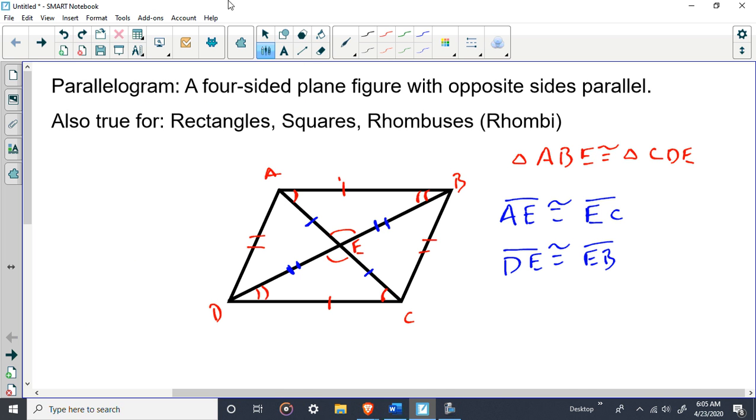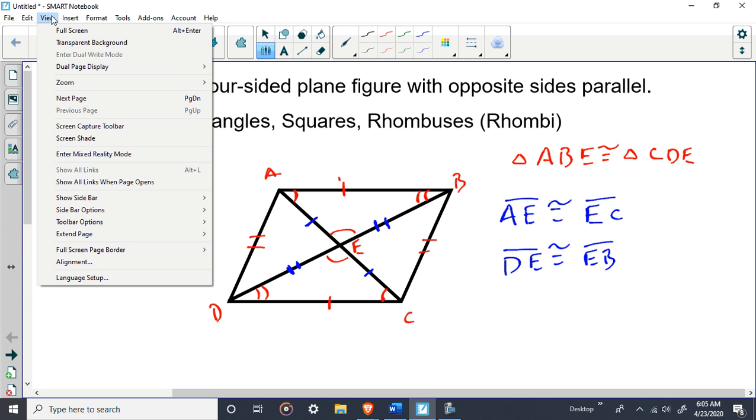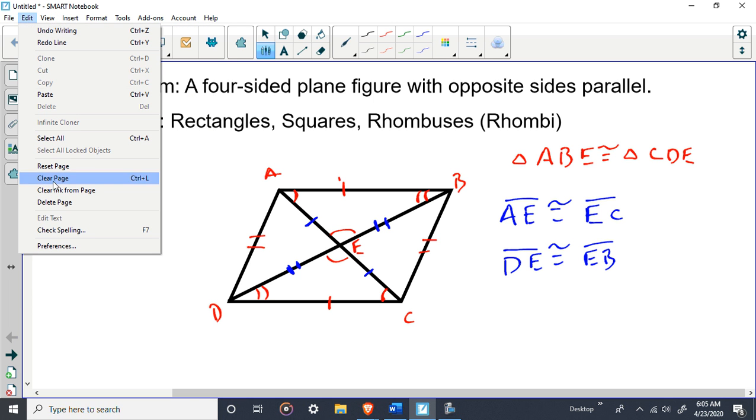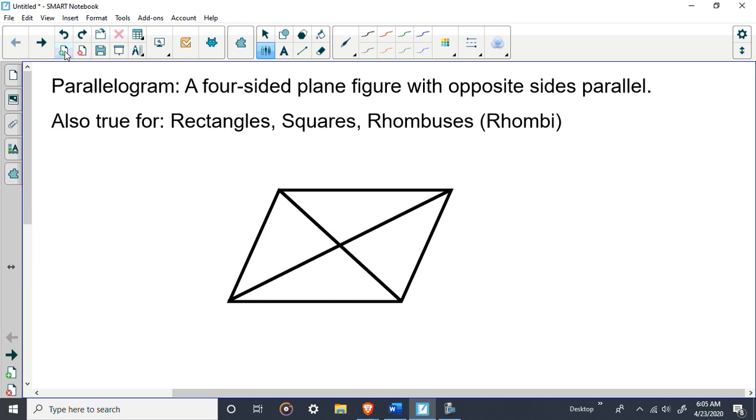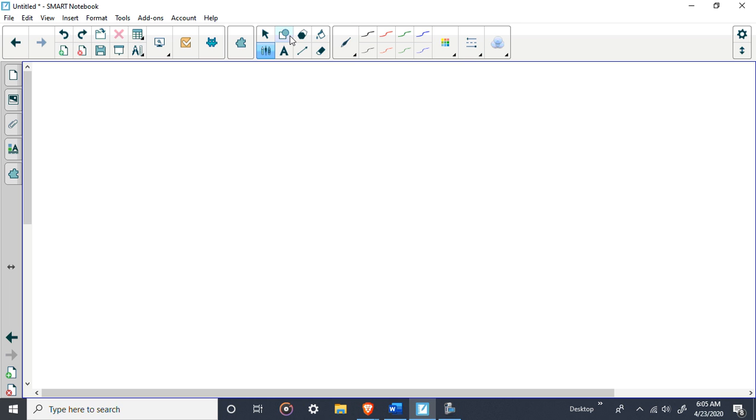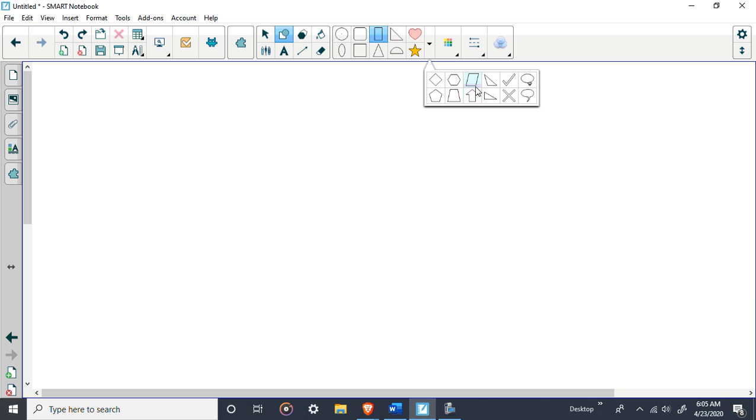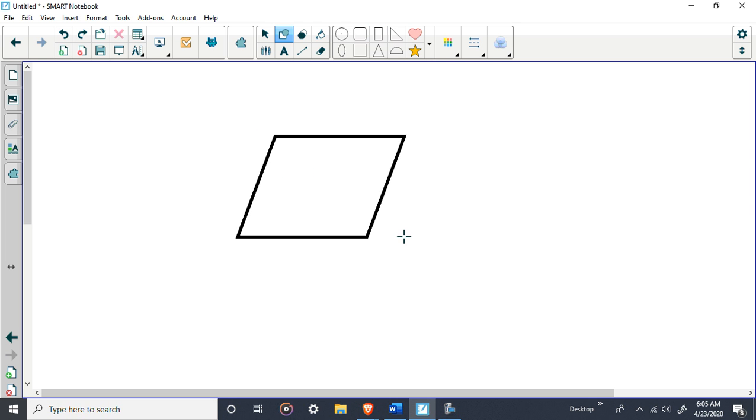I'll talk real quick about what a rhombus is. A rhombus, which I have to draw differently, is a type of parallelogram. I'm so bad at drawing rhombuses.